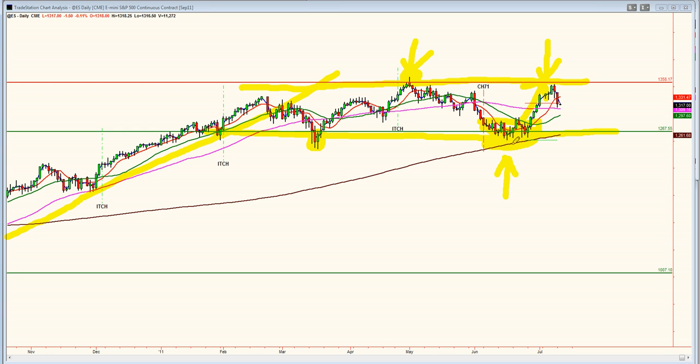So what you're going to see is how the stocks that we've been looking at pretty much mirror the general market. And so once we got in, we looked for the market to go up to this resistance area, and as it was getting closer, we started closing out bullish positions.